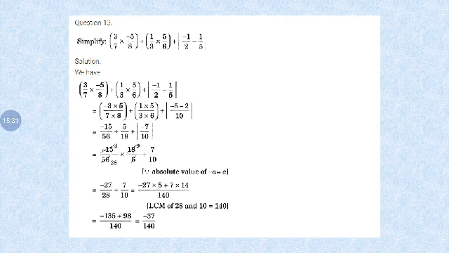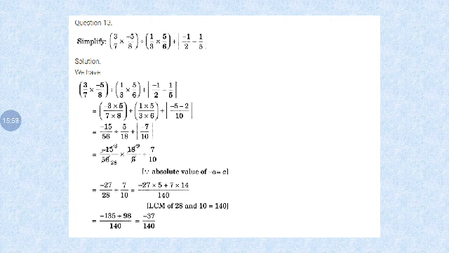Absolute value. So I already know that absolute value of minus 7 by 10 is always positive. Already you know that absolute value is always positive. Minus 7 by 10 has absolute value 7 by 10. So minus 15 by 56 into 18 by 5 plus 7 by 10.